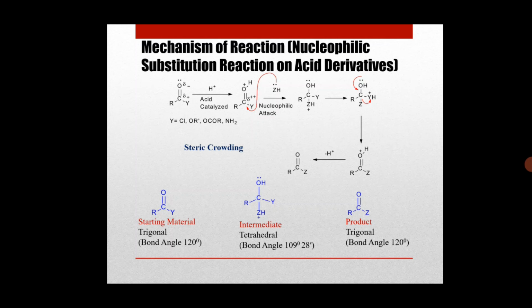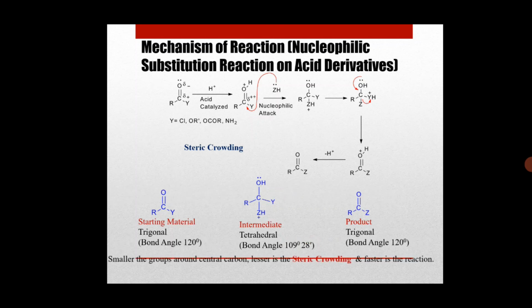So we can see that as we are going from the starting material to the intermediate, the bond angle is decreasing, and therefore if there are large groups around the central carbon atom, there will be a lot of steric crowding among the groups in the intermediate state, and this will slow down the reaction.